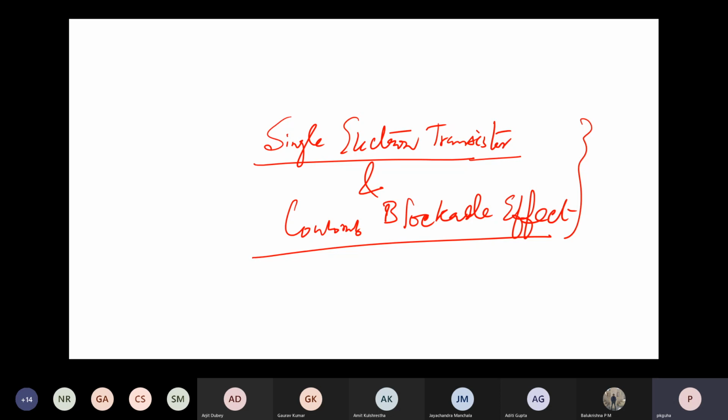Now, as the name suggests, this is a single electron transistor, where we are talking about a transistor in which we can manipulate or control the movement of even a single electron, right? So let's consider a quantum dot.